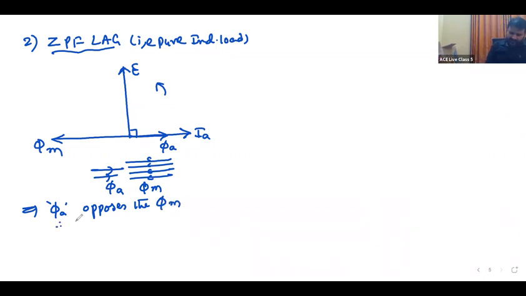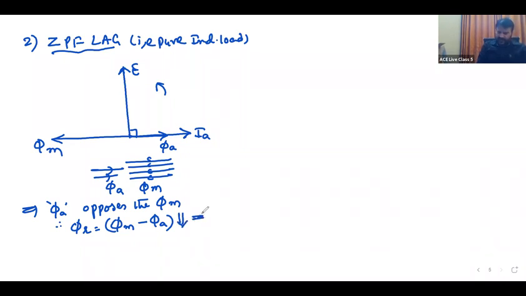Then what is the net flux? Phi R, the air gap and resultant flux, is equal to phi M minus phi A. That net flux will decrease. When net flux decreases, the generated EMF also decreases, and the terminal voltage will decrease.